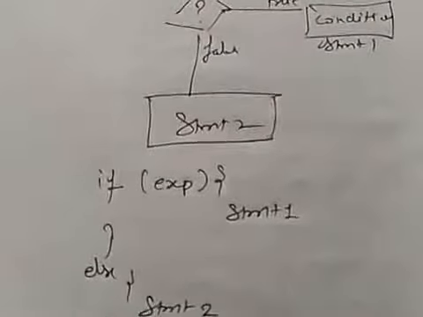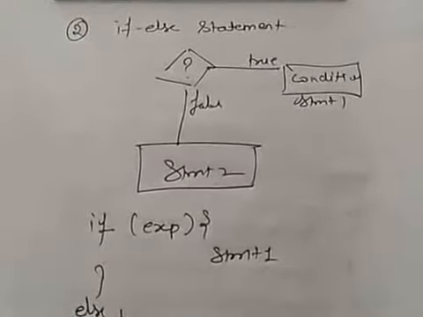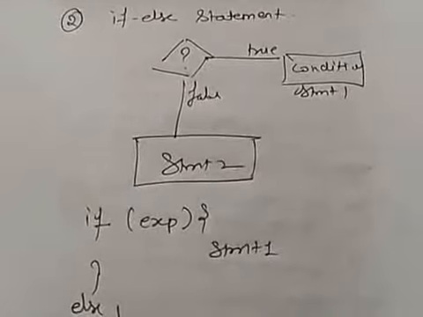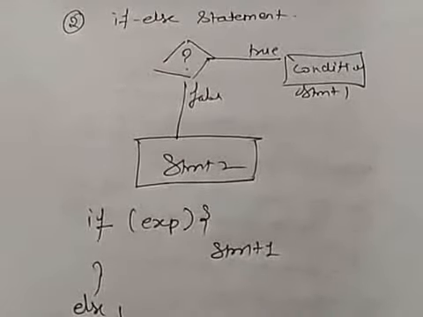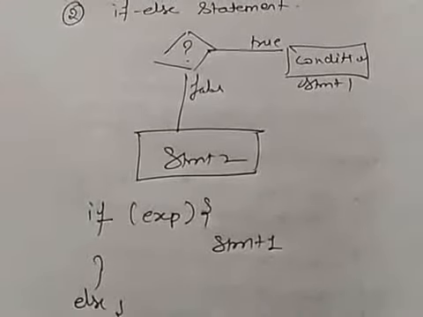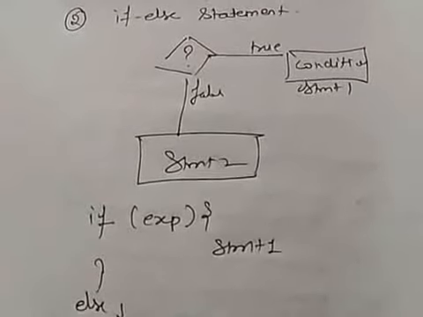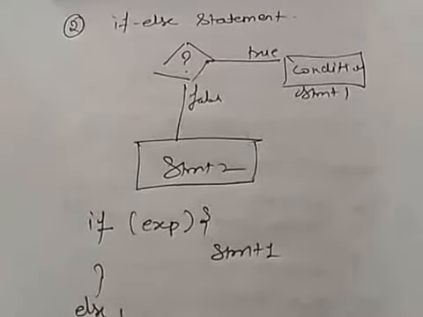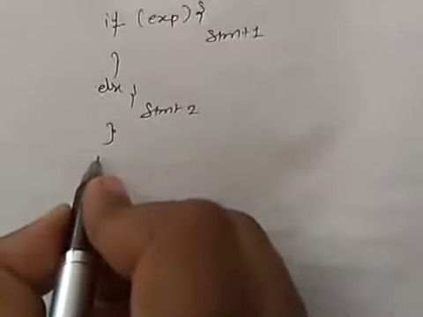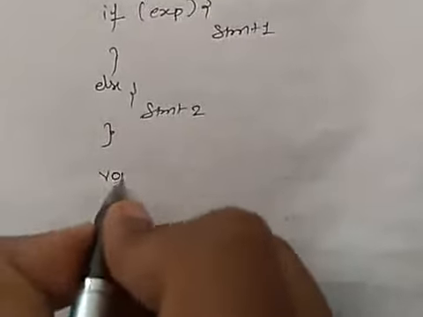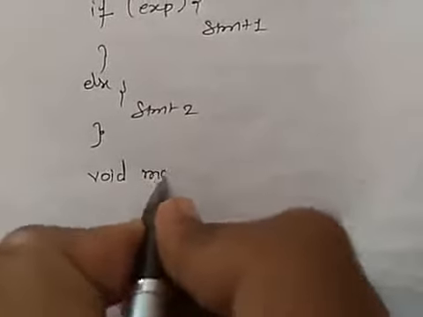Now let us see a program to find out whether the number is even or odd with the help of the if-else statement. So the pseudocode is given by, we have a main function.